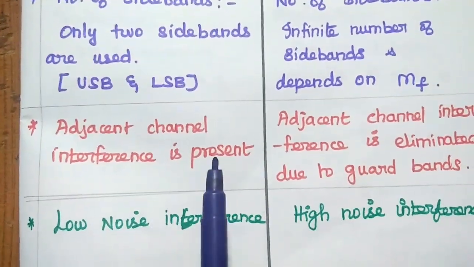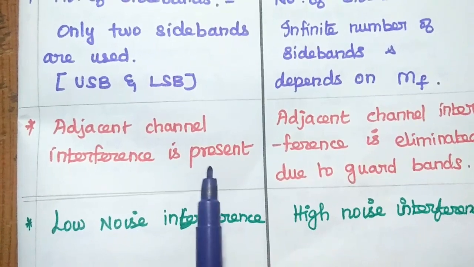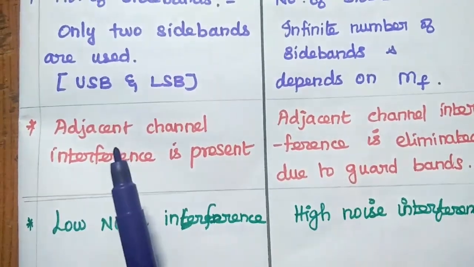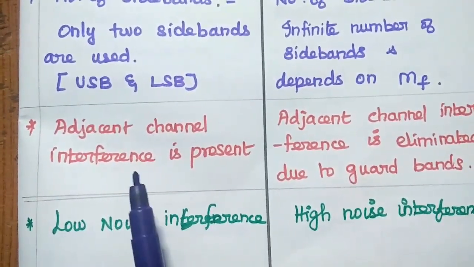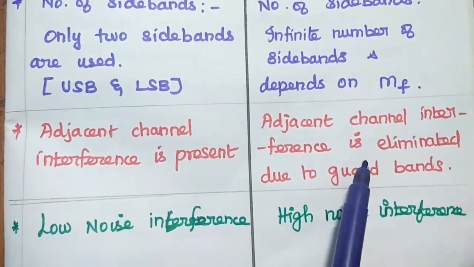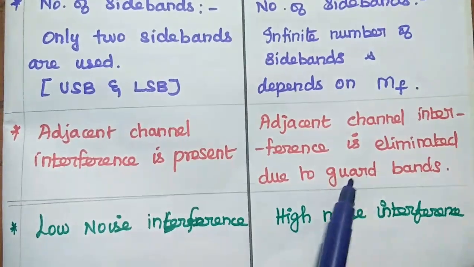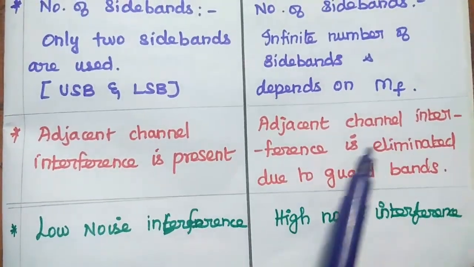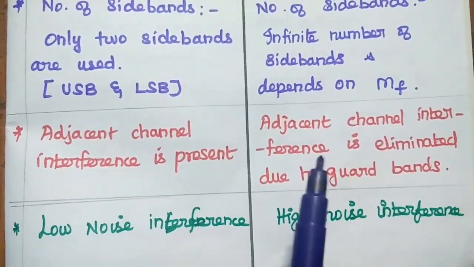In amplitude modulation, there are no quiet bands. That's why we have adjacent channel interference in amplitude modulation. But in frequency modulation, due to the quiet bands, the adjacent channel interference is eliminated.